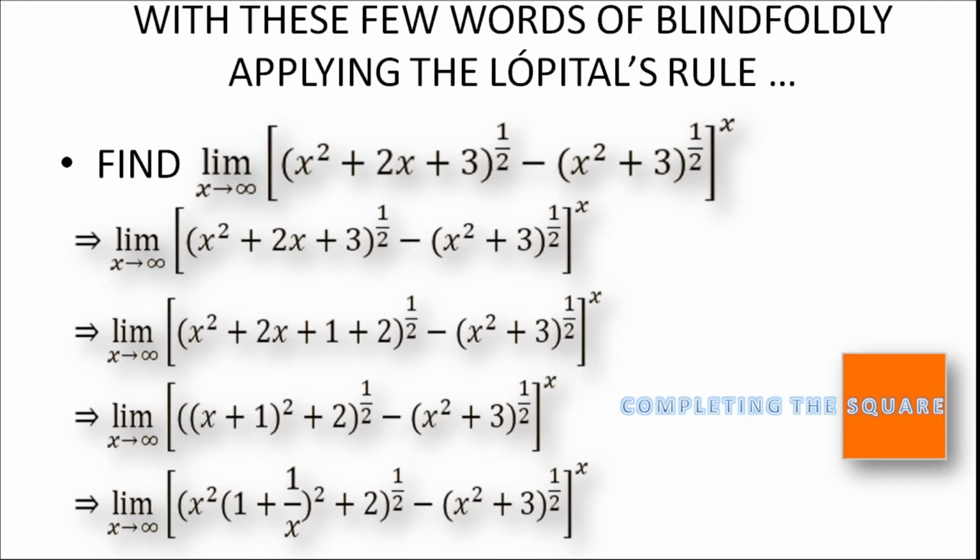Limit x goes to infinity, (x square plus 2x plus 3) whole power of 1 by 2 minus (x square plus 3) whole power of 1 by 2, whole power x.